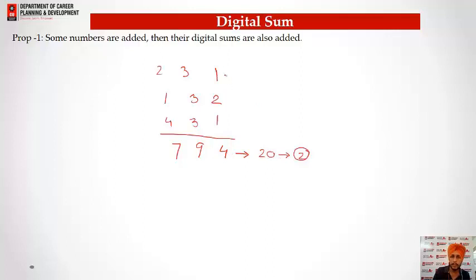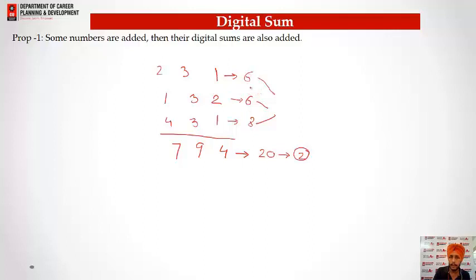So let us check the digital sum of these numbers. 231: 2 plus 3 is 5, plus 1 is 6. 132: 1 plus 3 is 4, plus 2 is again 6. 431: 4 plus 3 is 7, plus 1 is 8. Our property says that if we add numbers, their digital sums are also added.